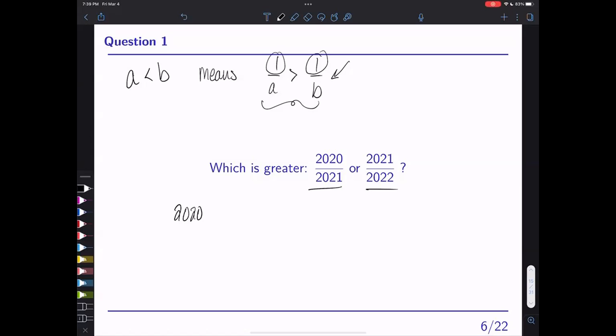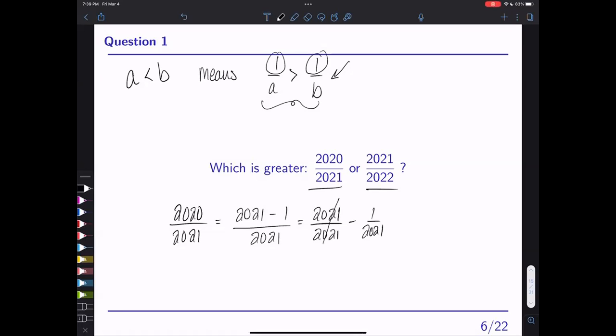If I consider 2020 over 2021, that looks a lot like 2021 minus 1 all over 2021, right? 2020 is just 1 less than 2021. And I want to rewrite it this way because if I split it up, we notice something simplifies. This left-hand term is just 1. So 1 minus 1 over 2021.